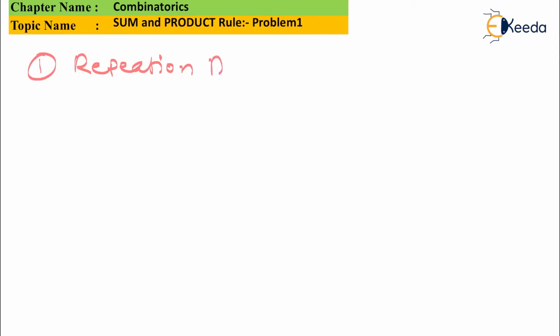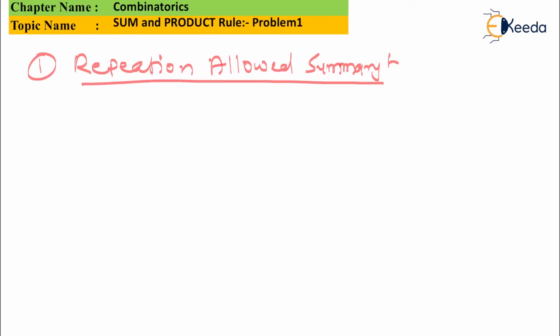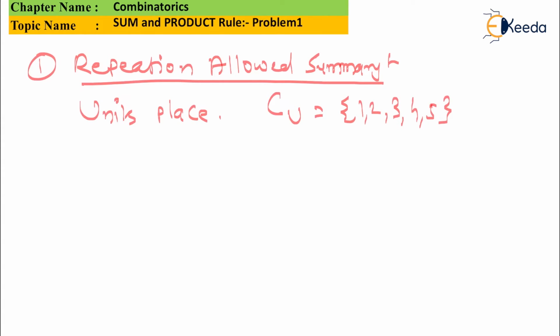So we are going to write down every analysis of this repetition allowed case here. So repetition allowed summary. Let's say units place. What was the choice set? The choice set, let's say for the unit place we write it as CU, was nothing but 1, 2, 3, 4, 5. Let's say 10th place.